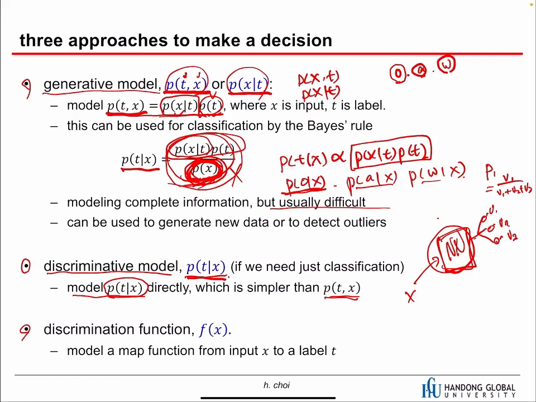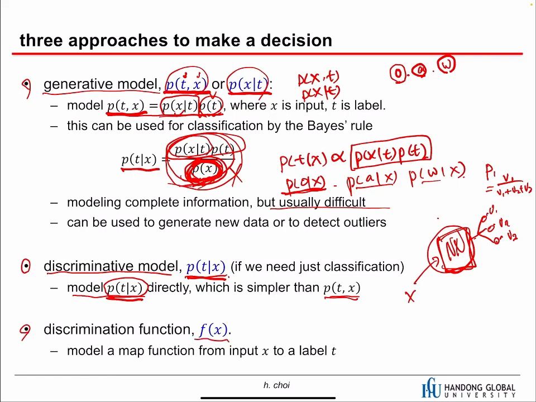So this approach is called softmax. Okay, so we actually apply the softmax to this layer to make it probability. So for now, you don't have to understand exactly what I'm saying here. It is enough to say that we can actually model the probability P of t given x directly with some machine learning models.